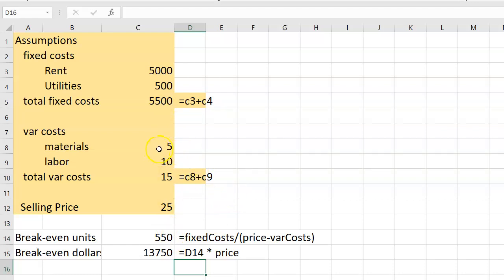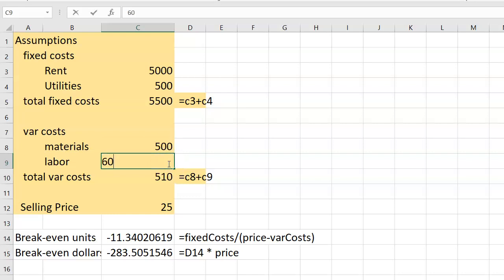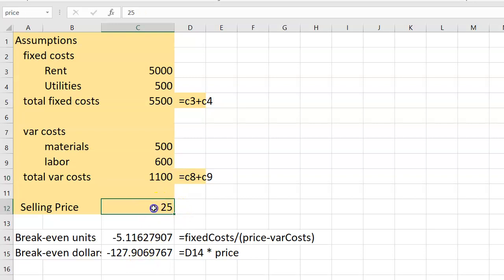Let's suppose my materials are $500. My labor costs are $600. And I sell this, I got to sell it for more than $25. And I sell this for $2,200.